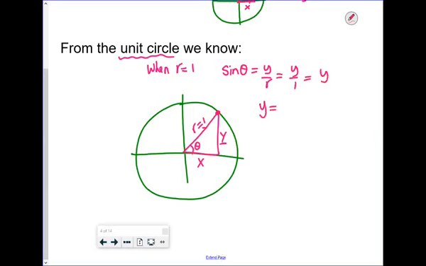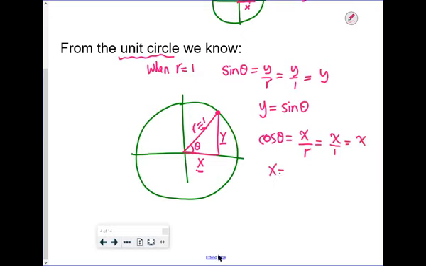So y equals the sine of theta. In a similar manner, the cosine of your angle is your adjacent divided by radius. Cos of theta equals the adjacent, which is your x divided by 1. So cos of theta simply equals x if the radius is 1.